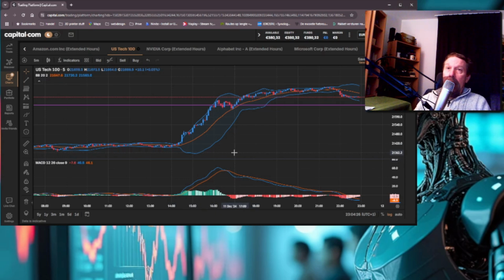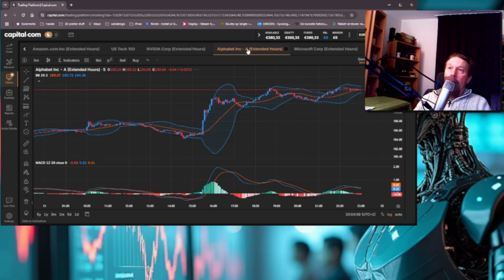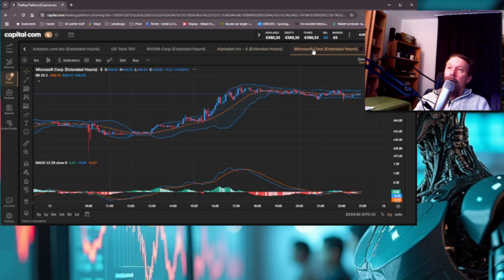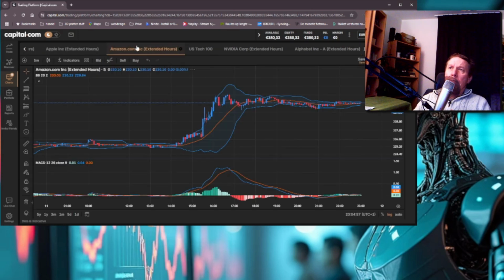If we look at what the market did, and I looked again, this specific line up and then sideways, I saw it at Google. If you look at Google, you see almost the same line going up and then going sideways. I believe Microsoft didn't have it. I believe Amazon also, yeah, Amazon, same way, going up and then sideways.